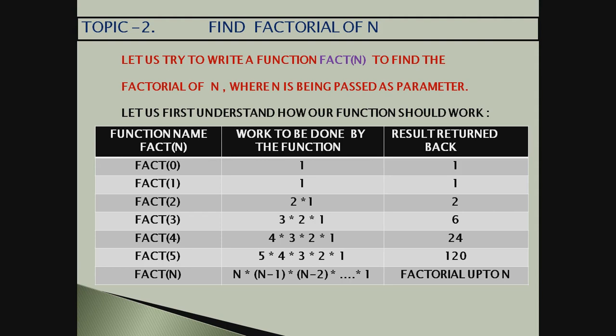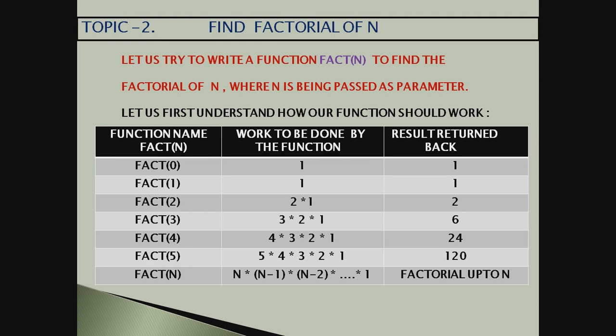One when n is 0 and the second one is when n is 1. So from this discussion, we understand that we have two terminating cases for the function fact.